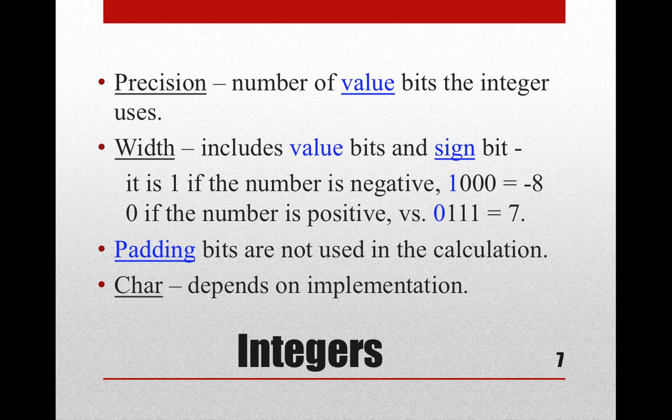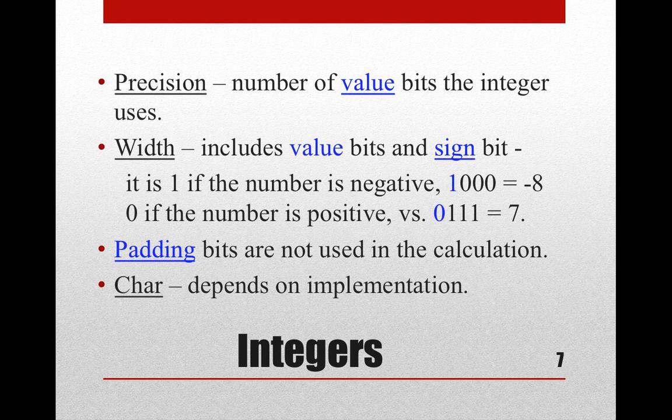So precision has to do with the number of value bits. I hadn't really given this much thought, but in addition to value, you have padding bits as well. Actually, this is sign bits here. Any negative number is going to have a 1 in the most significant bit location.